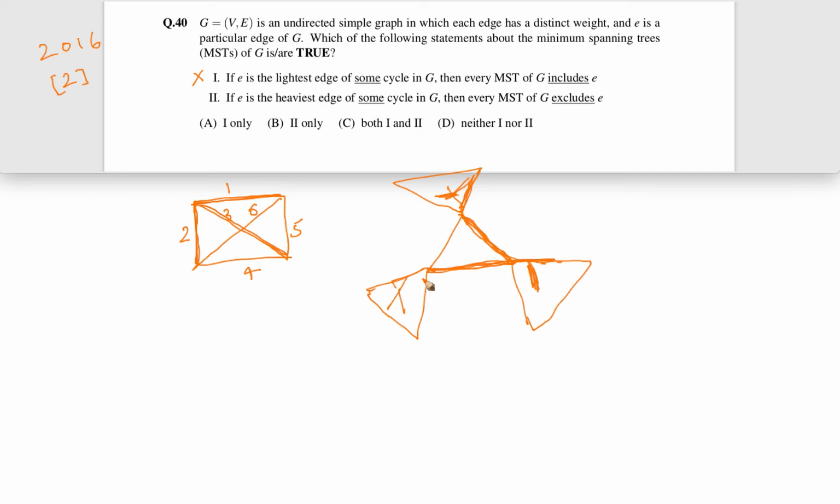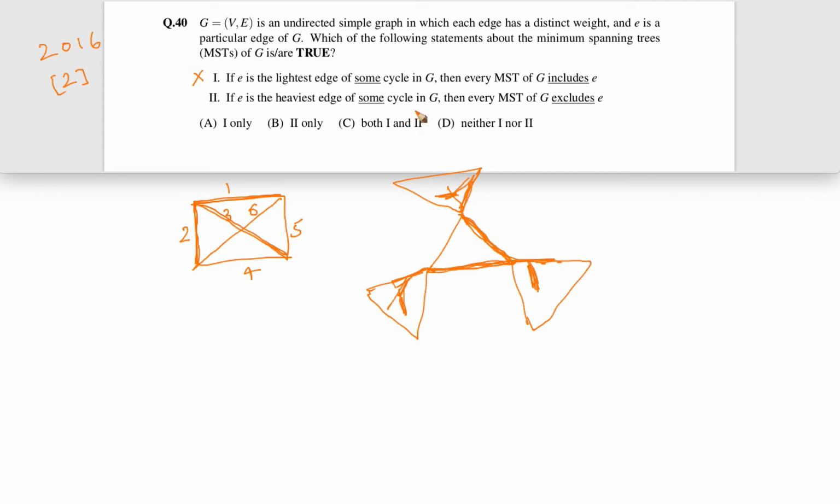Now what I am talking about is that we will try to come up with a situation where we see what happens if this statement is not correct. Suppose this heaviest edge is not excluded, that it is there in the MST.